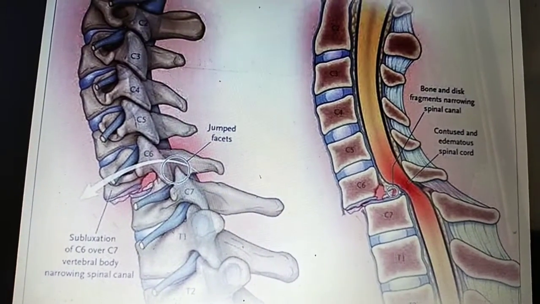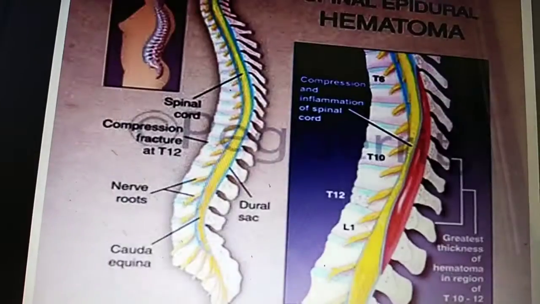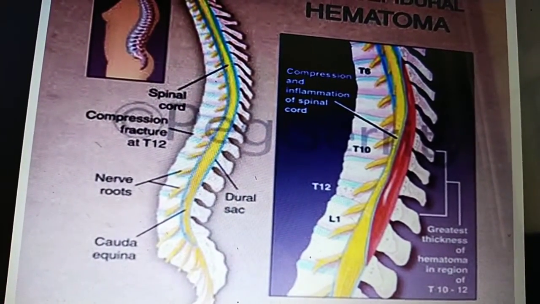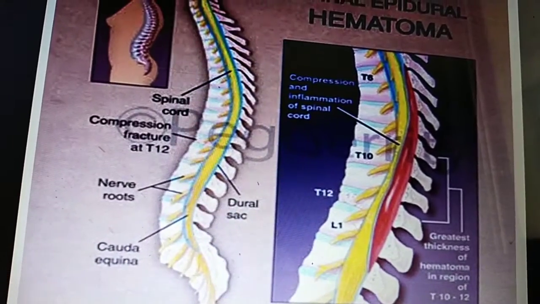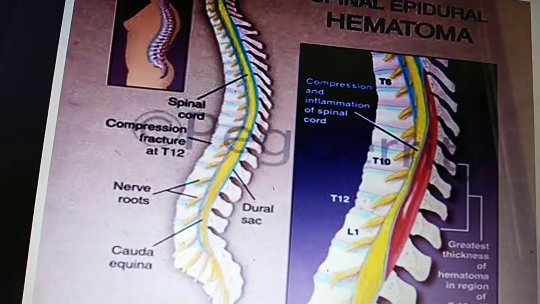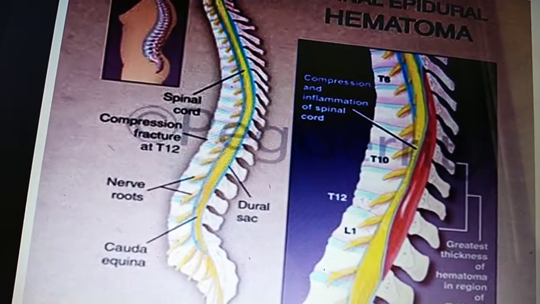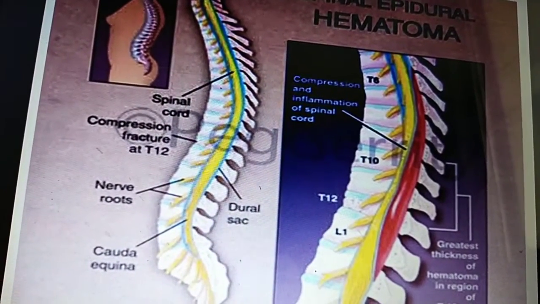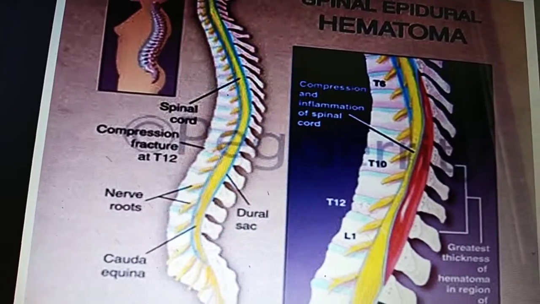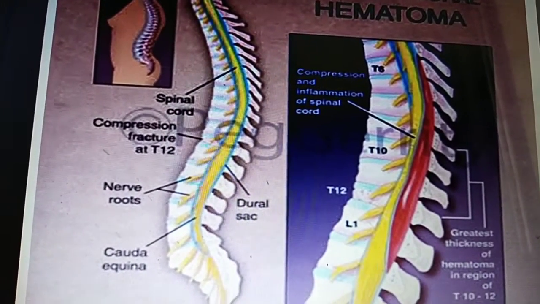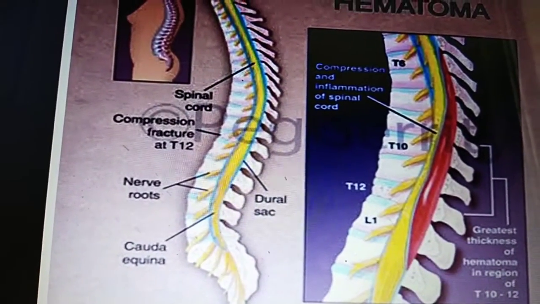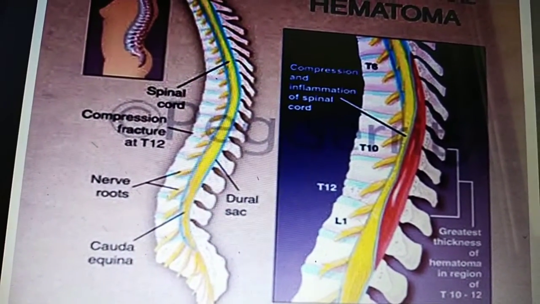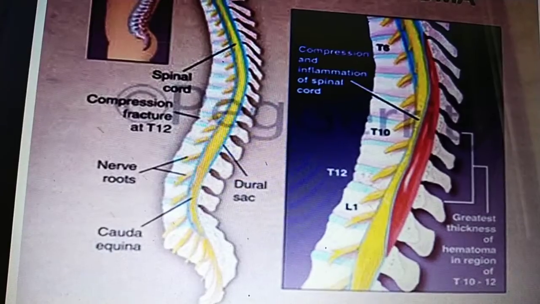And subdural hematoma: during injuries or any cases, there is subdural hematoma. Another one is subarachnoid space hemorrhage, and you can say meningitis can also occur. Okay, this is about the anatomy of the spinal cord. Briefly, this is about the anatomy of the spinal cord. Thank you very much.